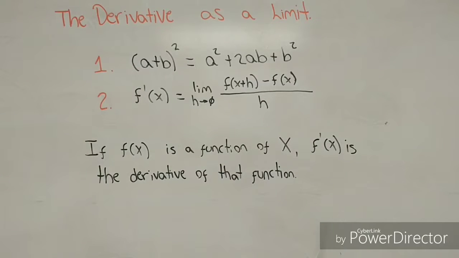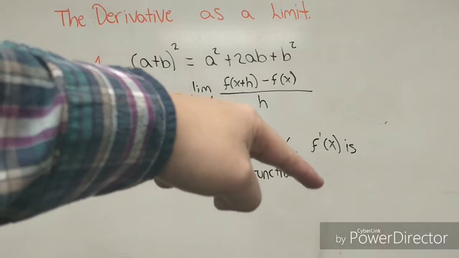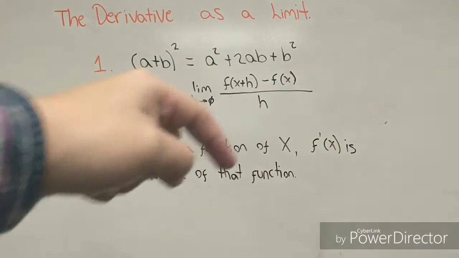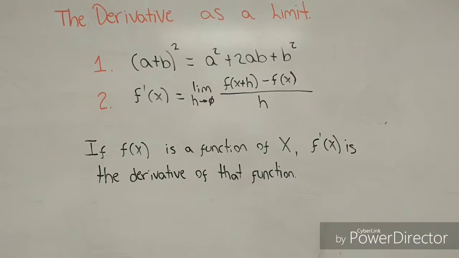f' is going to be the derivative of the function. So if we have f(x) as a function of x, then f' is going to be the derivative of that function.